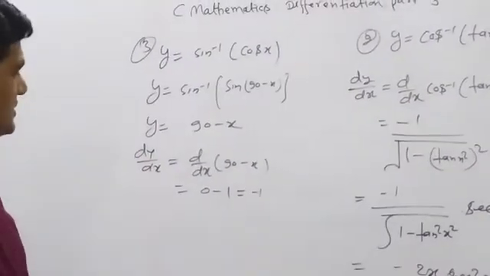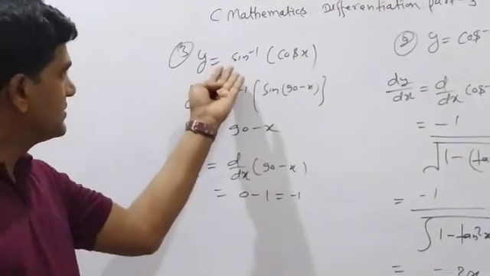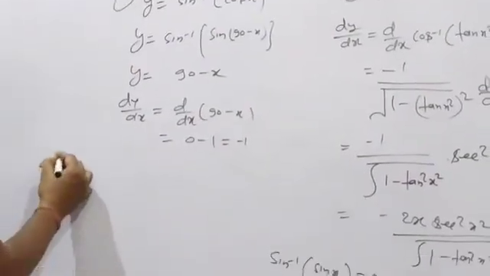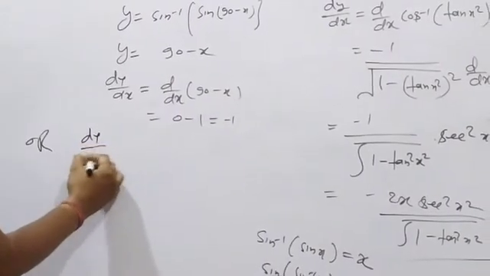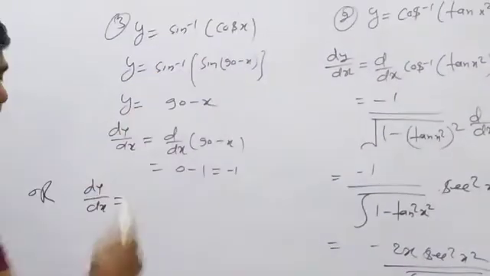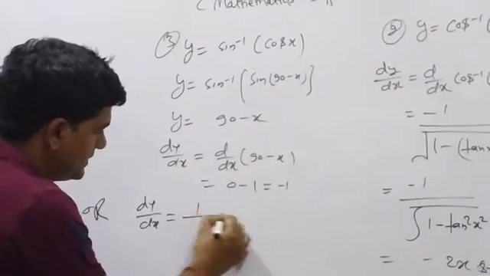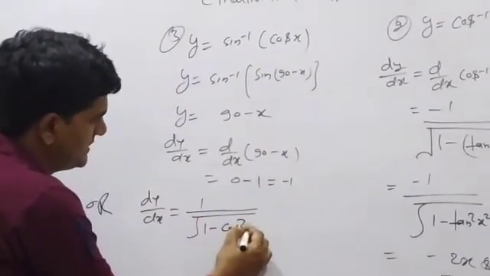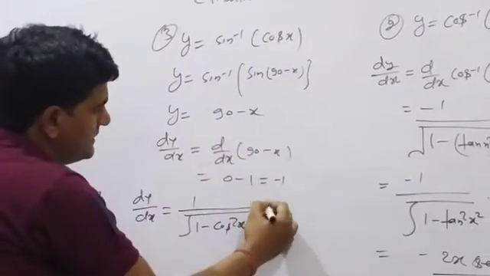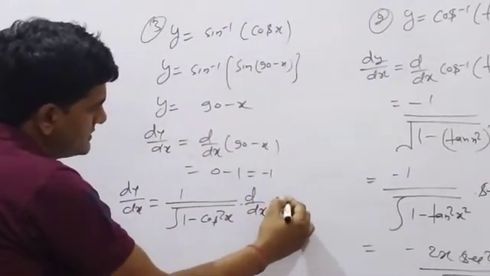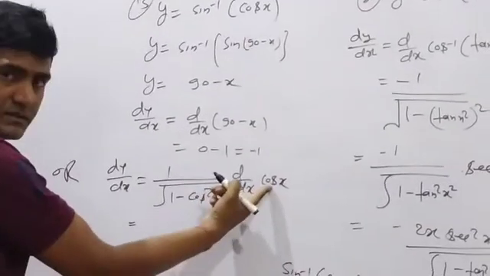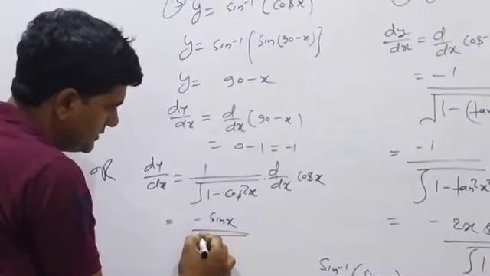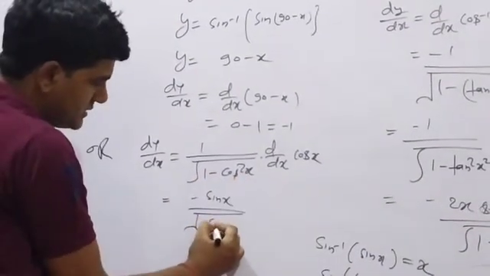Or you can put the direct formula. How can we do it here? Here dy by dx is equal to the differentiation of sin inverse x, which is 1 upon under root 1 minus cos square x, again the differentiation d by dx of cos x. The differentiation of cos x is minus sin x, upon under root 1 minus cos square x, which is sin square x.